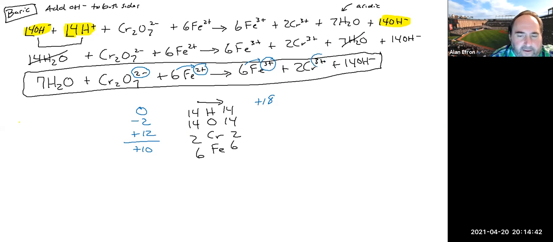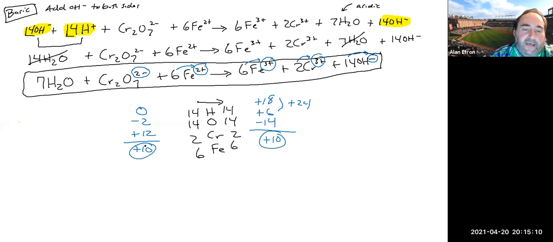For the chromium, we have 2 and +3, I should get the calculator, is +6. And for the hydroxide, we have 14 and -1, which is -14. I'm going to hope that's 10, but let's see here. That is 18 and 6, gives us a +24. +24 and -14 is a grand total of +10 on both sides.